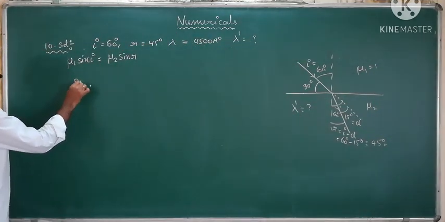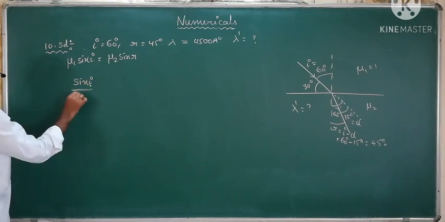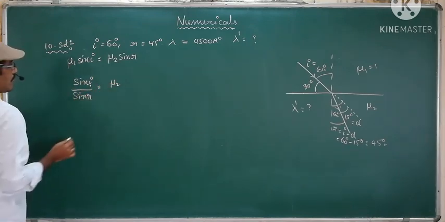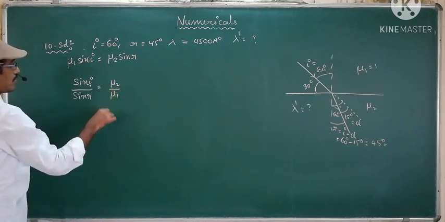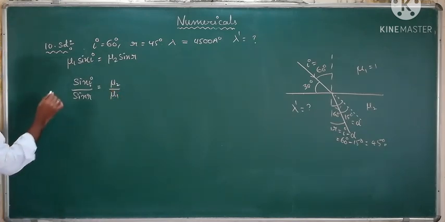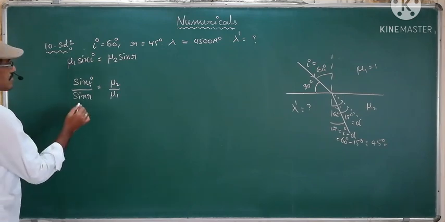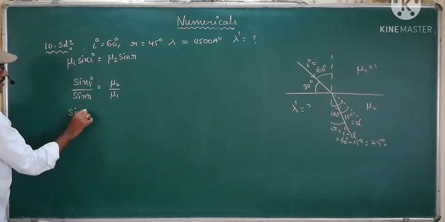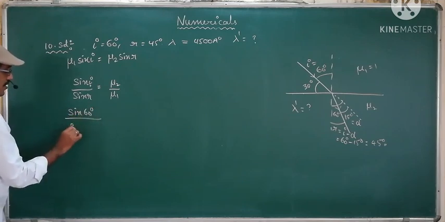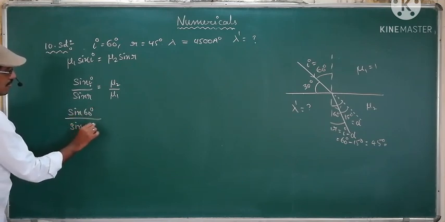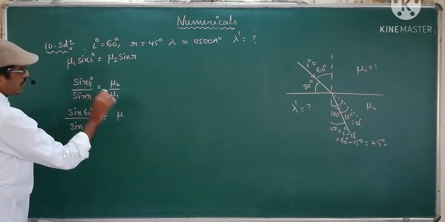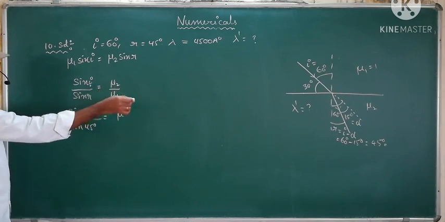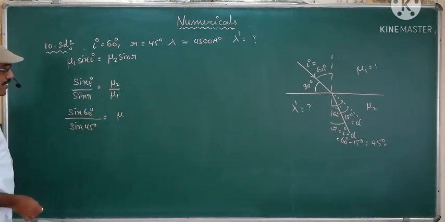So sin I divided by sin R is equal to mu2 by mu1. Now I is equal to 60 degree and R is equal to 45. So sin 60 degree divided by sin 45 degree is equal to mu2 by mu1. mu1 is equal to 1, mu2 is the refractive index of the medium, so simply I can take it as mu.